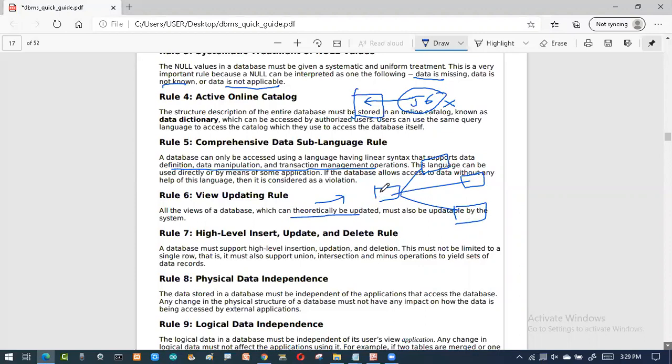So whenever I say roll number 20 has paid the fees, the roll number and the amount should directly go over there and be updated. When I say roll number 20's attendance is 70%, it should go to a particular table and be updated. So this is the view updating rule.